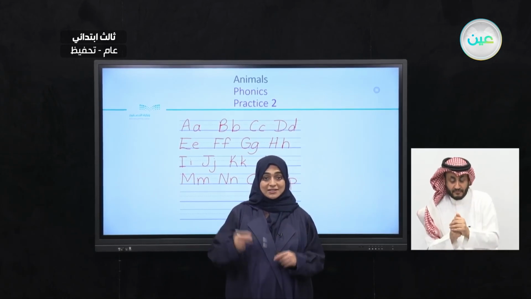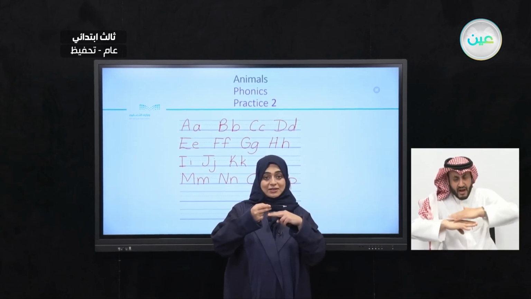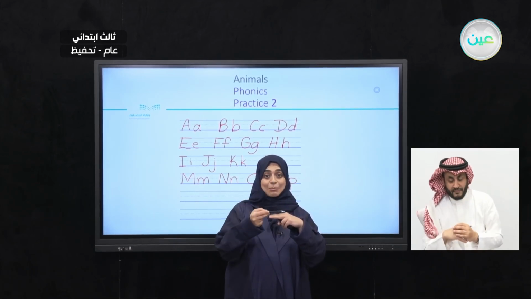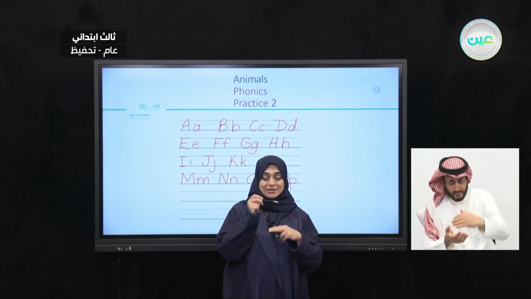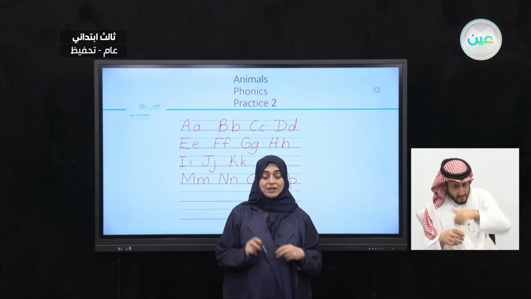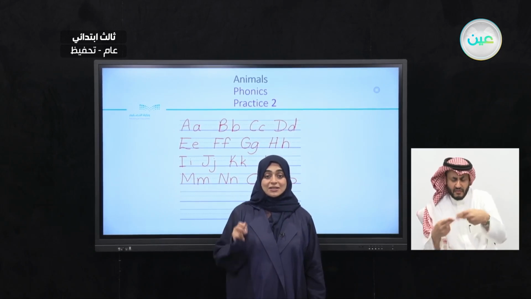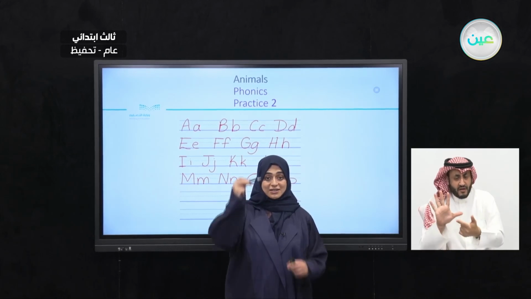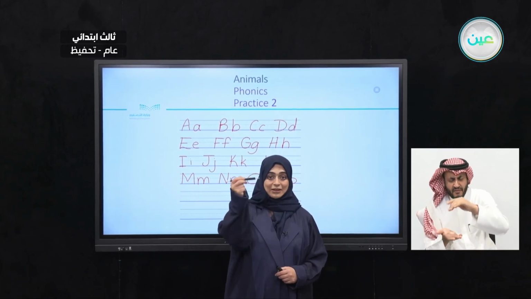The uppercase sits on the line, right? And it takes the headline, midline, and baseline, right? Takes the whole space. But does it go below the line? Never. With the lowercase letters, some of them go below the line. And does it take the whole area? The baseline, midline, and headline?